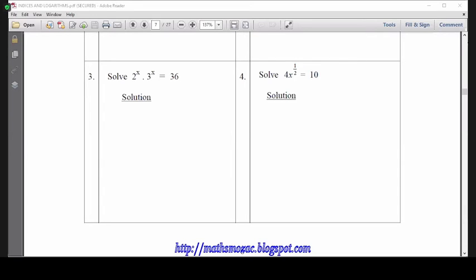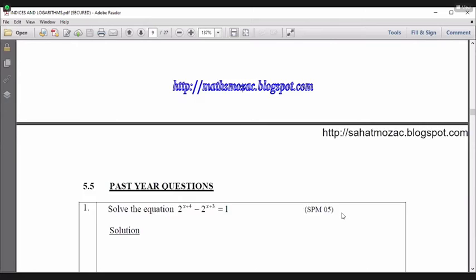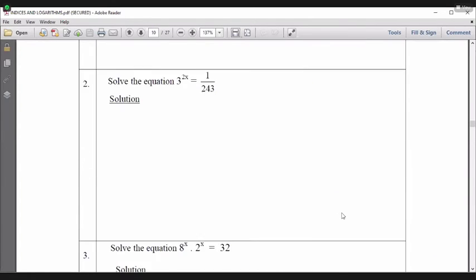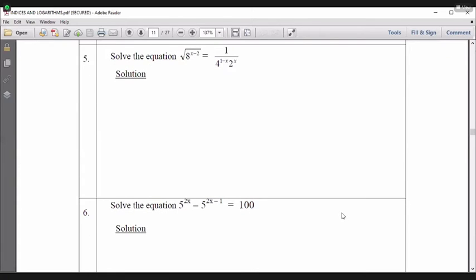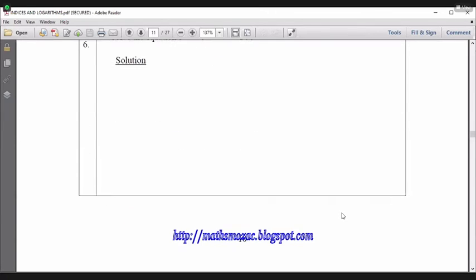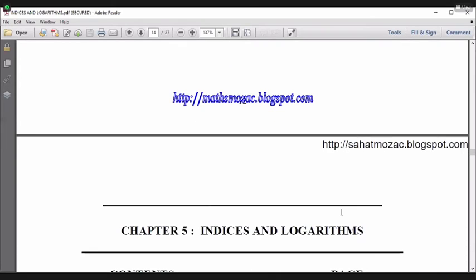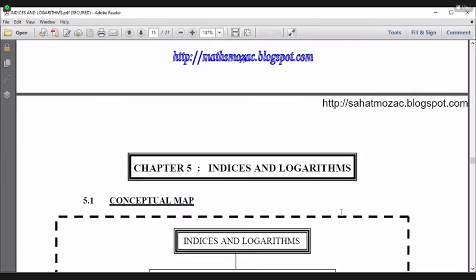Excuse me, mister. I'm asking, can you take 125 and divide by 5? Can that example you are showing... You're saying, can you take log 125?